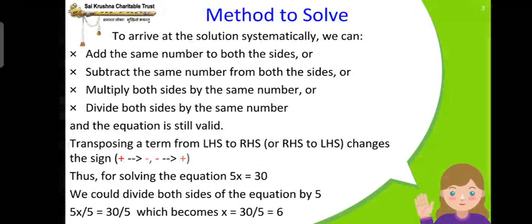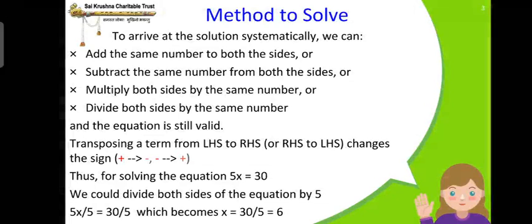When it is within LHS or within RHS, you are not supposed to change the sign. When you are transposing from LHS to RHS or RHS to LHS, plus becomes minus, minus becomes plus, multiply becomes division, and division becomes multiply. You have to remember this. This is the keyword. If you remember this, it's very easy to solve.